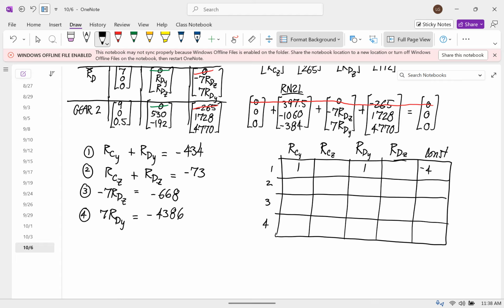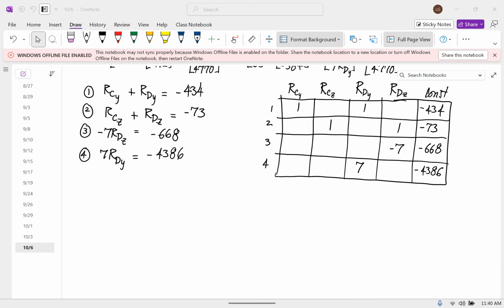Constant is negative 434. Second equation, RCZs, we have 1. RDZs, we have 1. Constant is negative 73. Third equation, RDZs, we have negative 7. Constant is negative 668. And the fourth one, RDYs, we have 7. Constant is negative 4386.